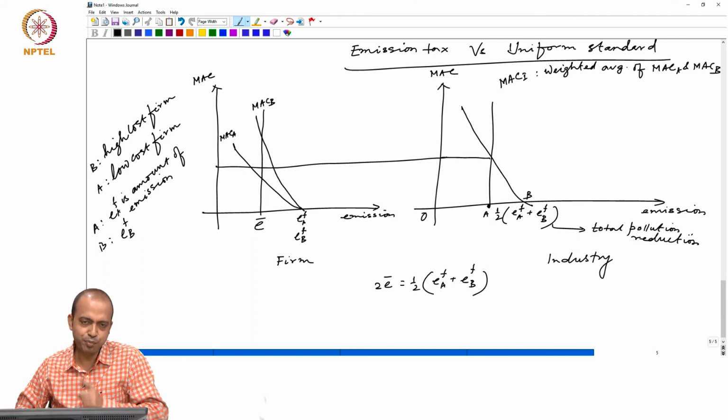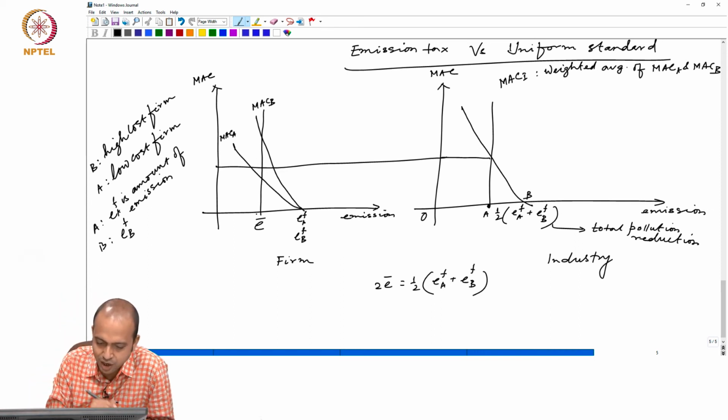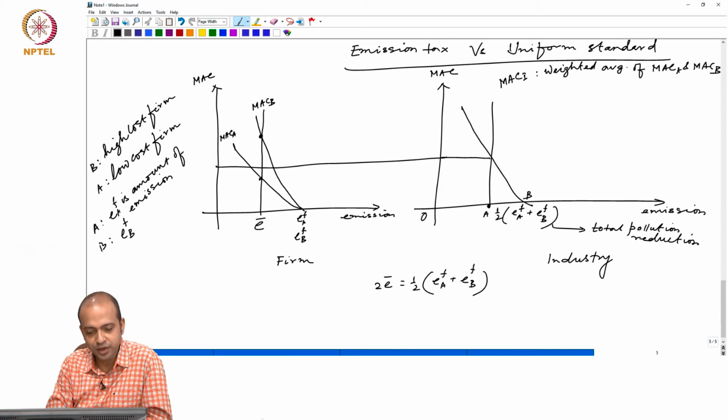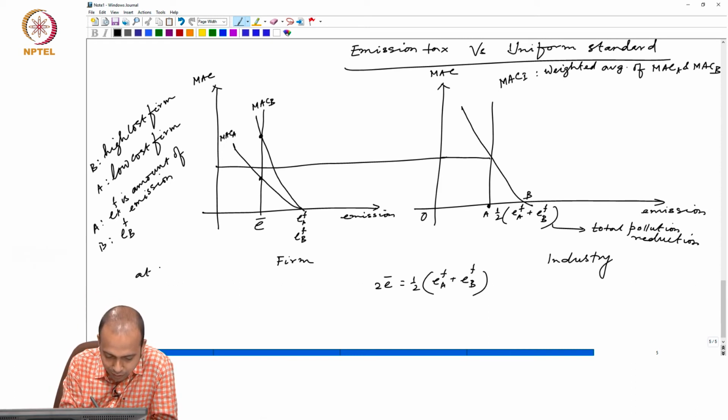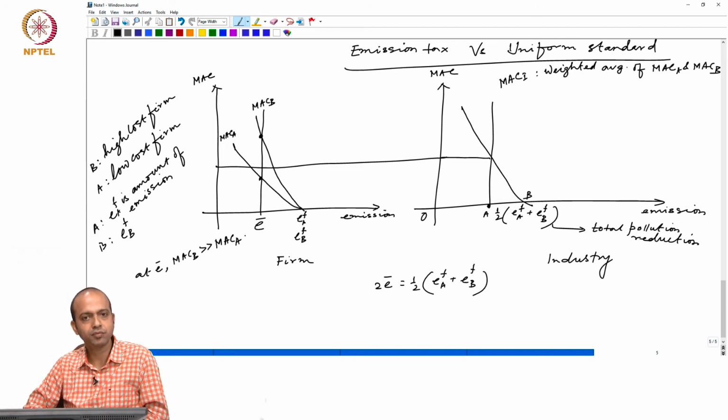Okay. Now, what is happening when the E bar amount of control responsibility is distributed among A and B? At E bar, the marginal cost of pollution abatement for firm B is much higher than the marginal cost of abatement for firm A. So, at E bar, MAC B is much higher than MAC A, right, MAC A, all right.